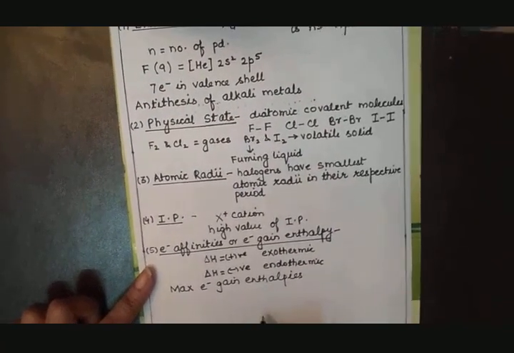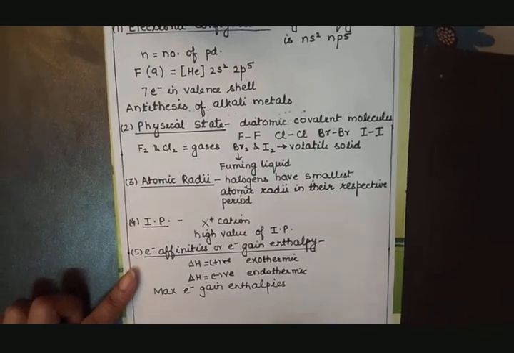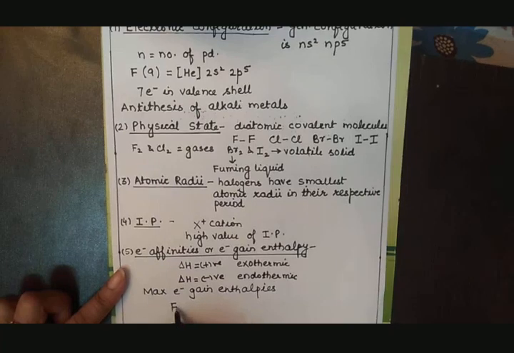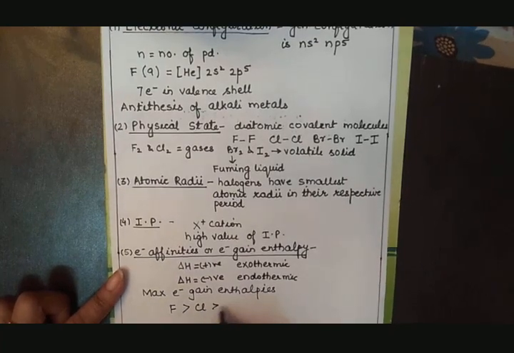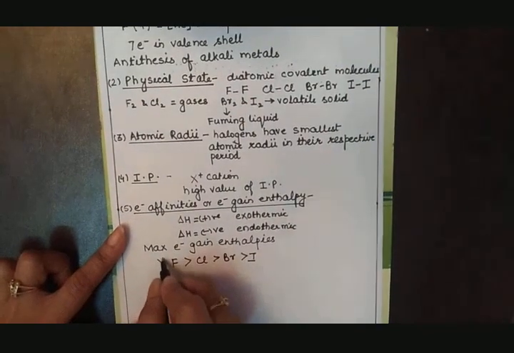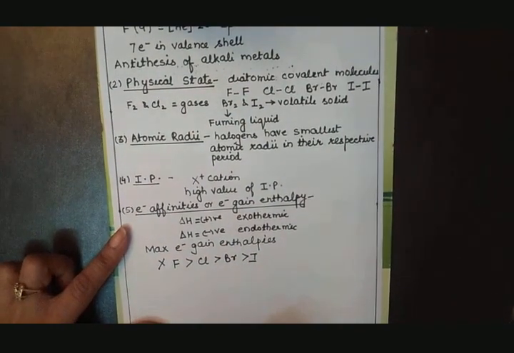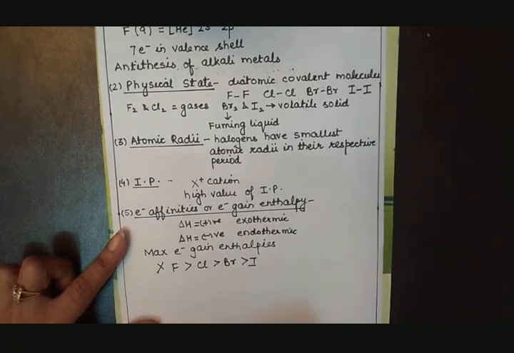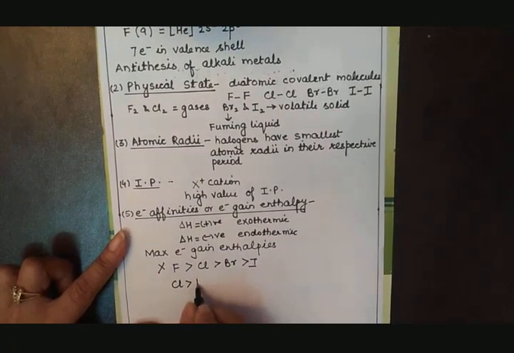Because on moving down the size increases and the nuclear force decreases, so the addition of an electron becomes easier. Therefore the order should be this. But this is not so. Fluorine has less electron affinity than Cl. The actual order is this.